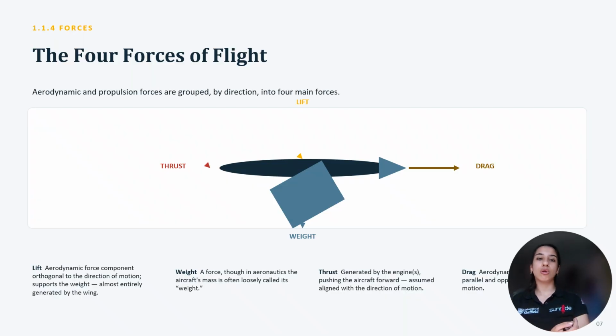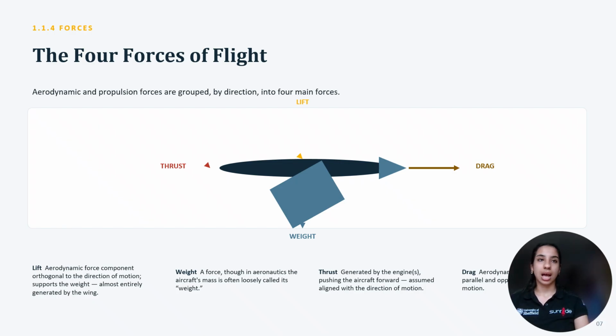Now, we got these four forces of flight, and this should be very simple. I can tell you right now what it is. You got an aircraft, and you got the weight.